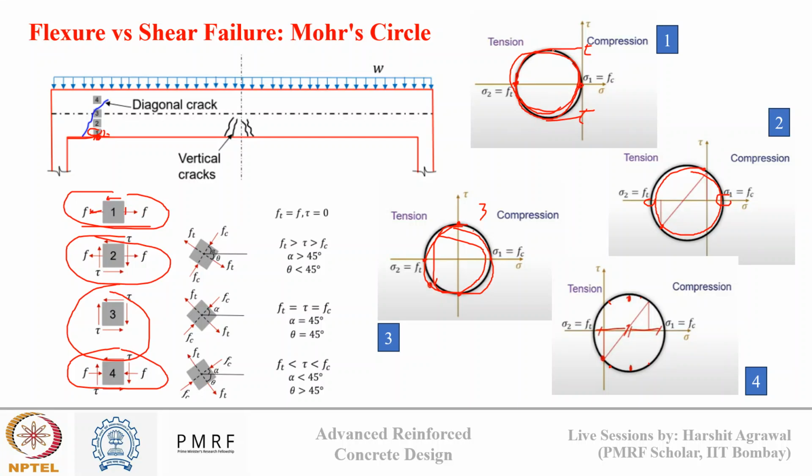So this element is not there, and these 2 points will converge and appear as a dot somewhere here. So this is my axis, this is my dot, and this is my circle. The principal stress is this point only because there is no shear acting, so there can be no point above this, no point below this.